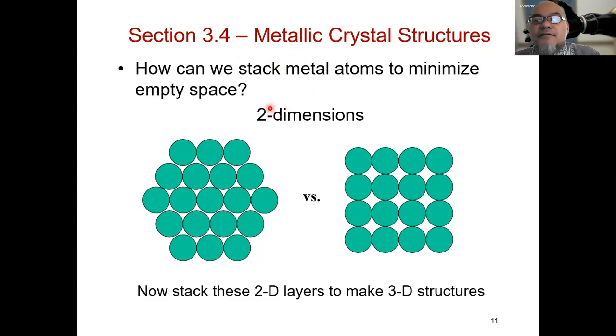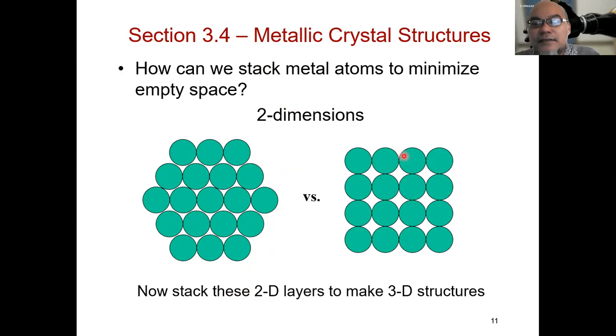So for example, when we stack atoms in 2 dimensions, let's say if you have small balls, ping pong balls, when you arrange them in 2 dimensions, you have 2 possibilities. One is to arrange like this, which looks like a hexagonal arrangement, right? Hexagonal because an individual ball is surrounded by 6 other balls.